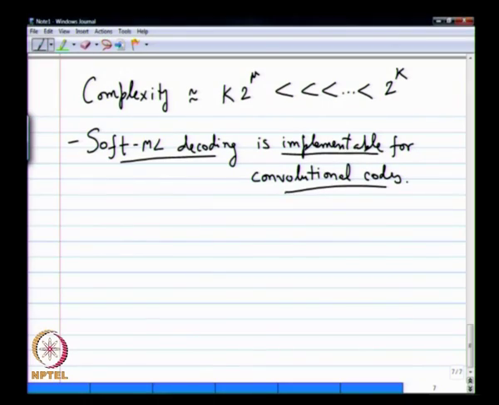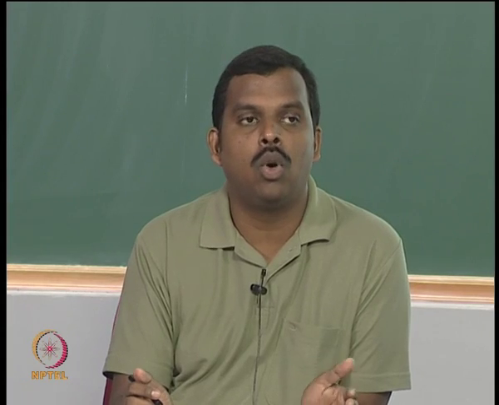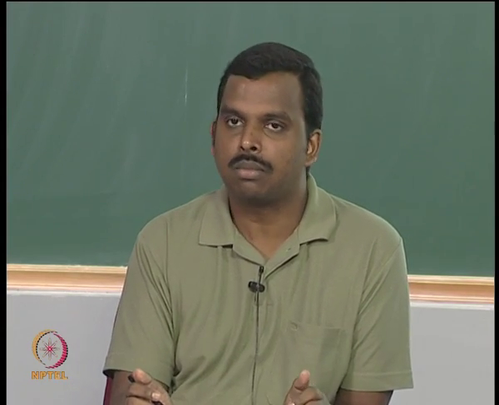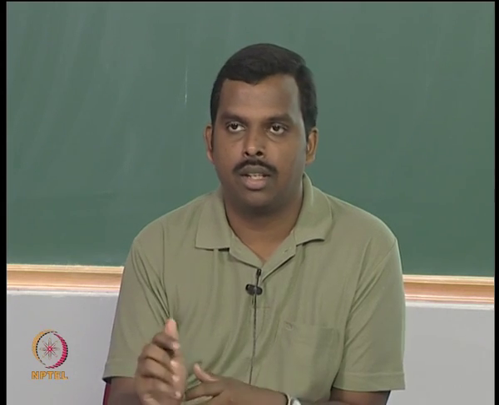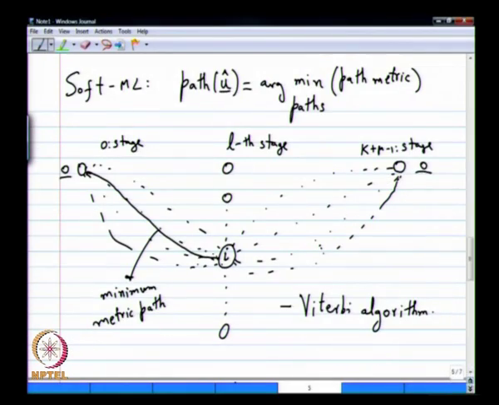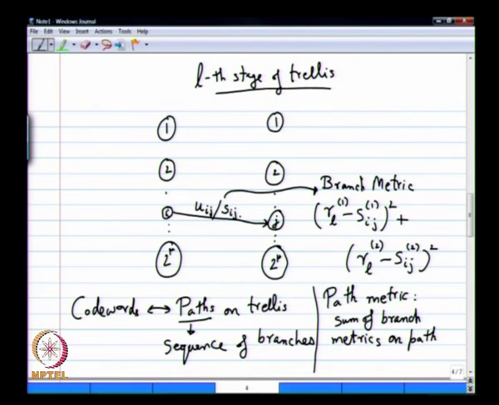My brief comment on hard ML decoding. If your channel model became the binary symmetric channel and you have to now do hard ML decoding, what will you change in this algorithm description? It turns out the only thing you have to change is the definition of the branch metric. The branch metric definition here involves a Euclidean distance computation.